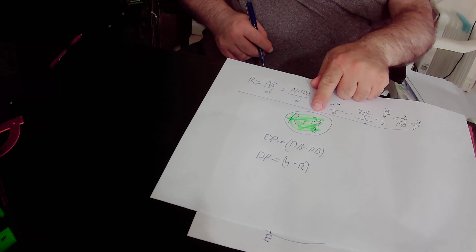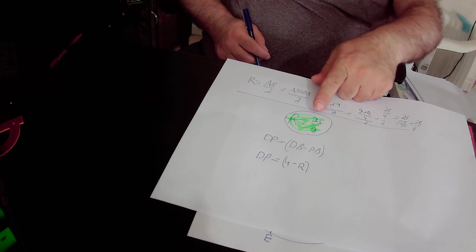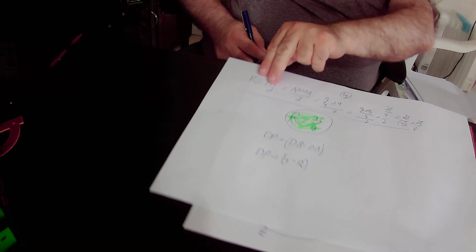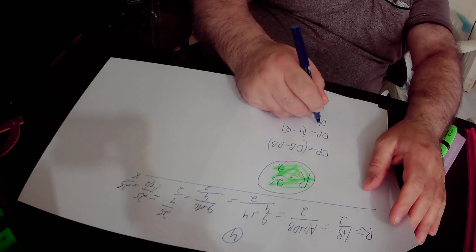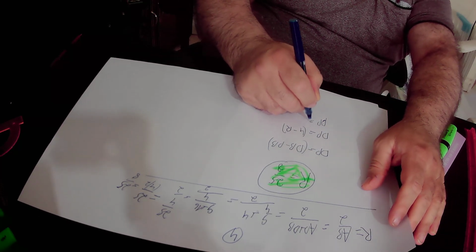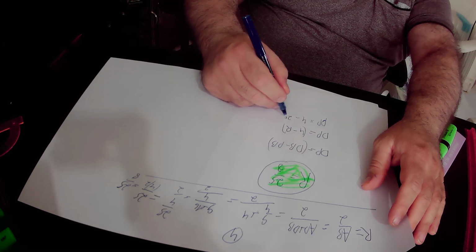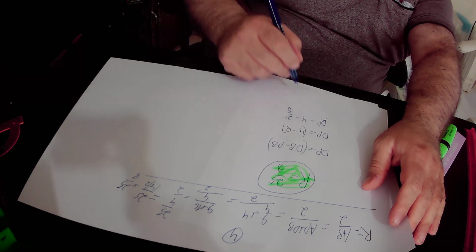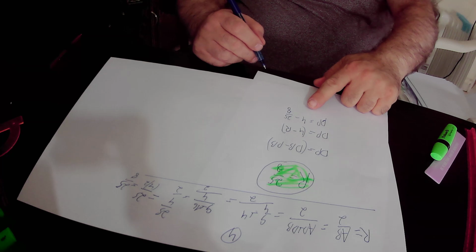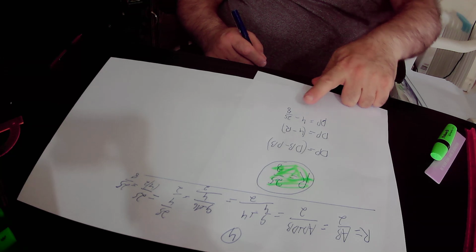But we have already found that capital R equals 25 over 8, so we can substitute capital R by 25 over 8. We do it now, and we get that DP equals 4 minus 25 over 8. So here we multiply 4 by 8, and divide by 8 in order to have a common denominator of 8.